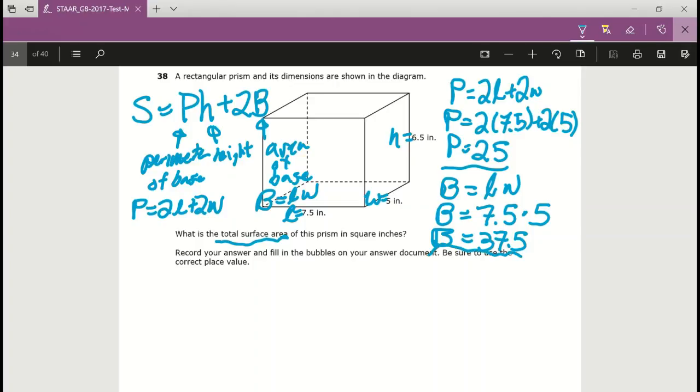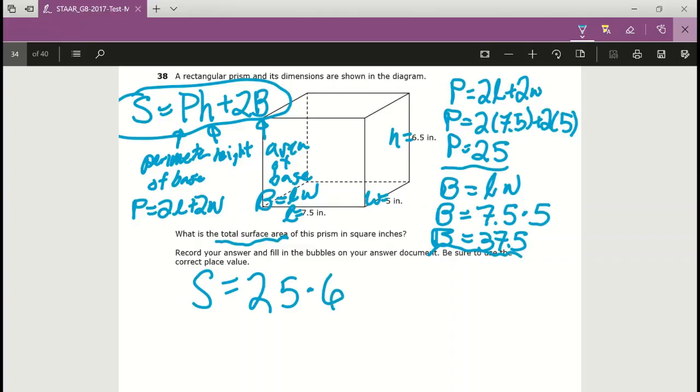I can use this big formula here. So S equals my perimeter, which is 25, times my height, which I labeled up here at 6.5, plus 2 times my base, which is the area of my base, which is 37.5.